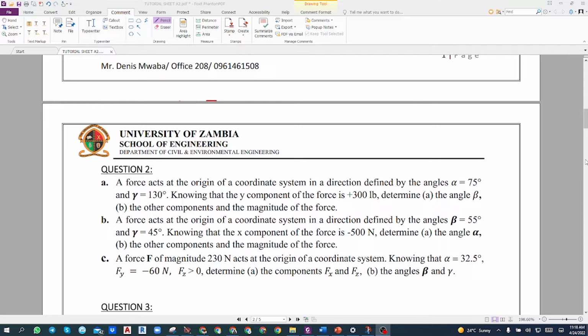So here, question 2 says, a force acts at the origin of the coordinate system in the direction defined by the angles alpha is equal to 75 degrees, gamma is equal to 130 degrees. Knowing that the y component of the force is 300 pounds and it is positive, determine A, the angle beta, and B, the other components and the magnitude of the force.